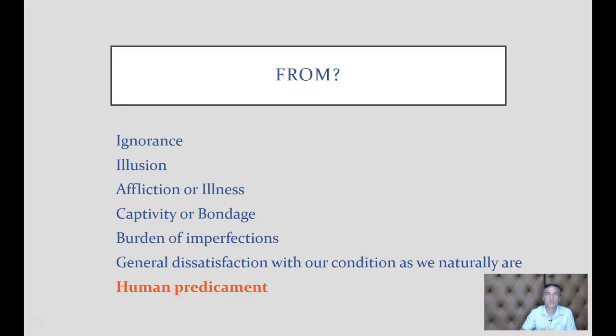There are all different kinds of ways that this human predicament manifests itself in ordinary life as well as extraordinary circumstances. But some common themes come out when religions talk about what we are on a quest away from. What do we want to get to or out of? This human predicament, they talk about ignorance, being in a state of ignorance about reality, about truth, being captivated by illusions.